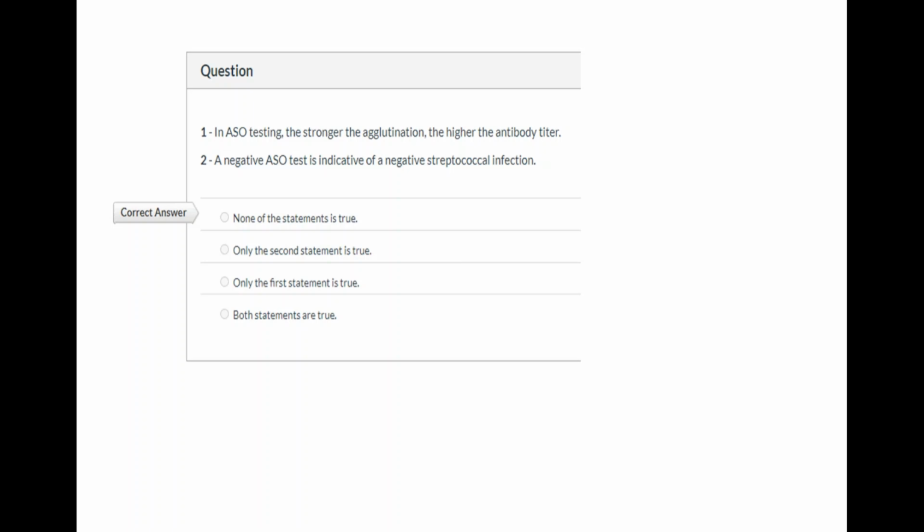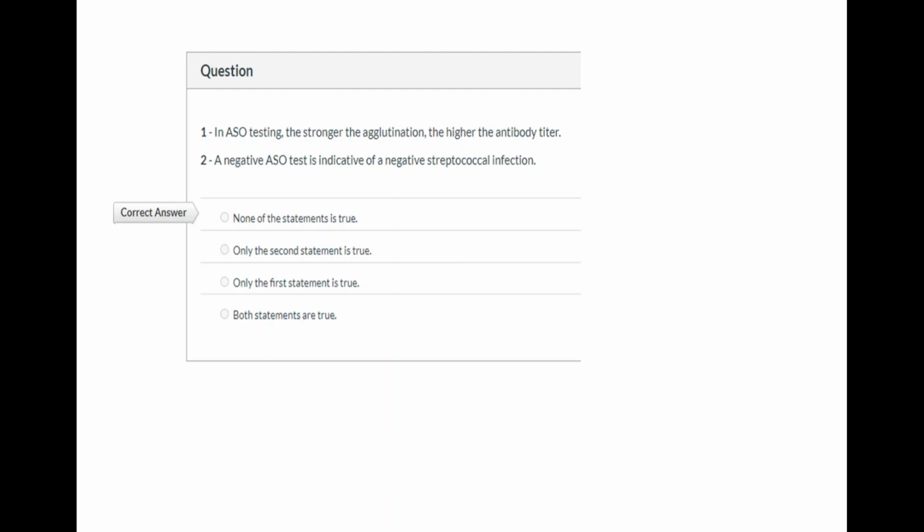Only 80 to 85% of individuals in the population will produce anti-streptolysin O antibody. The 15 to 20% may not produce ASO antibodies, but it doesn't mean that they did not have streptococcal infection. So, that 15 to 20% accounts for a false negative result.